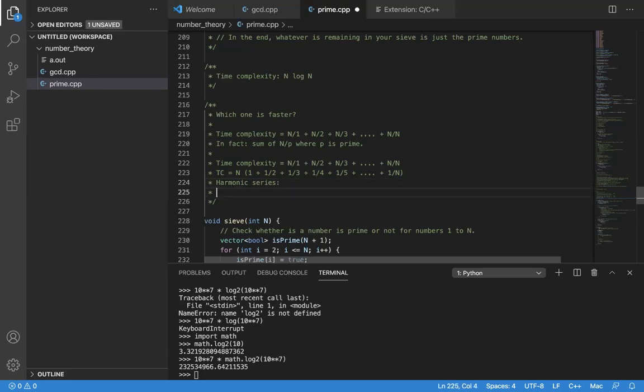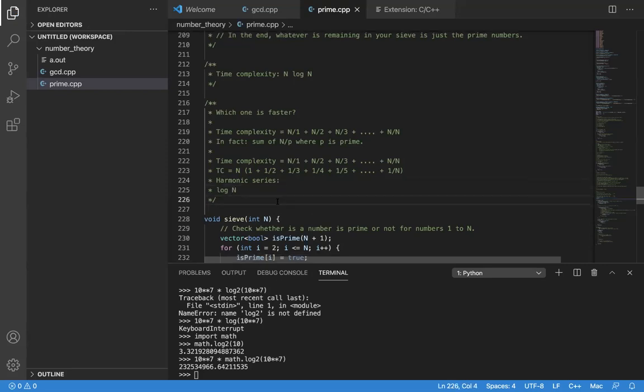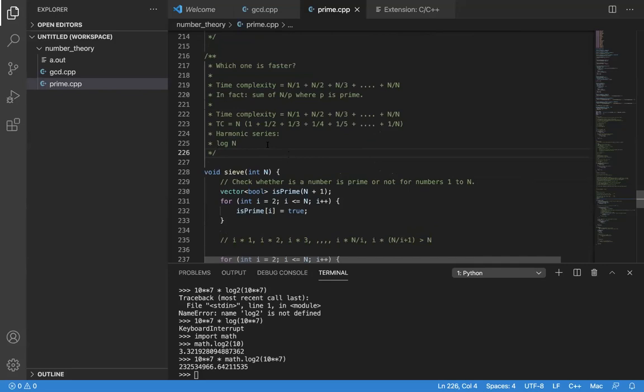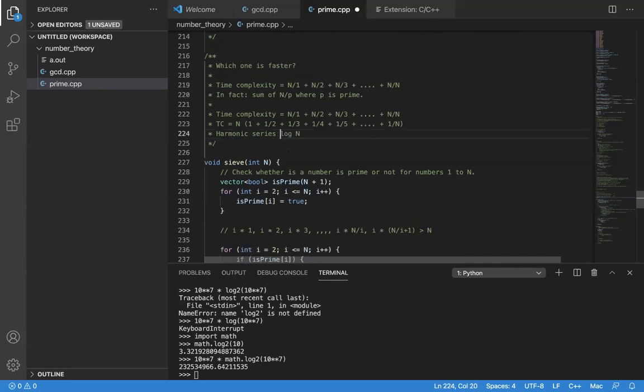So you can find a bound over this. You can assume that the harmonic series is bounded by log of n. So harmonic series sum is bounded by order of log of n.